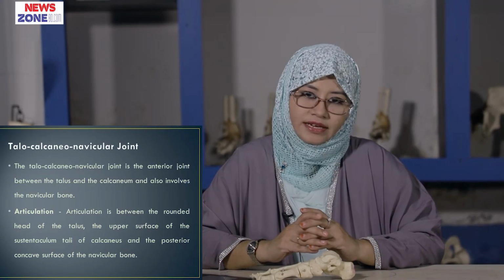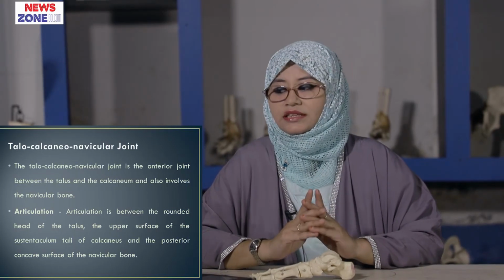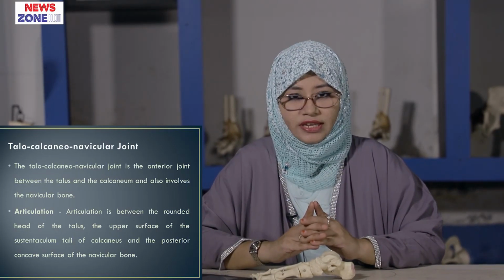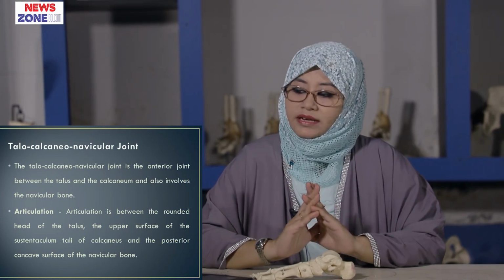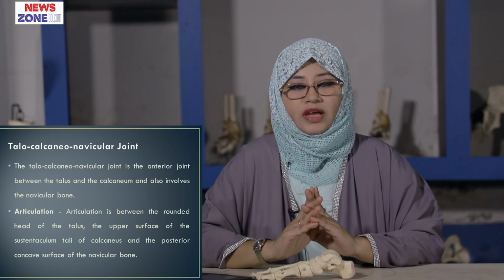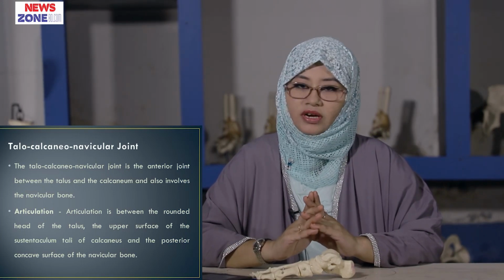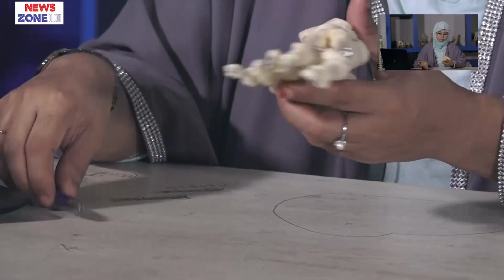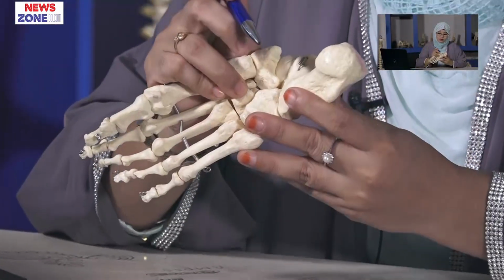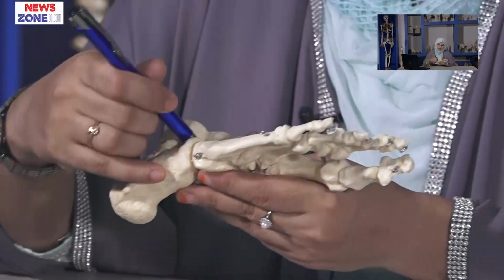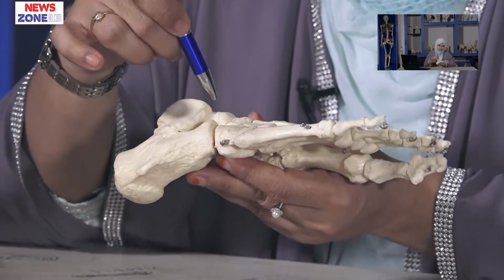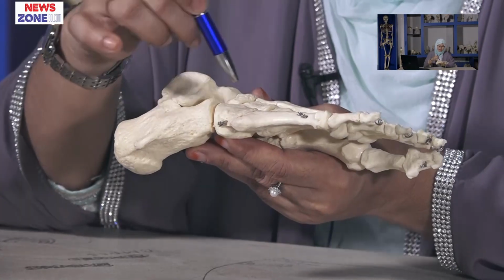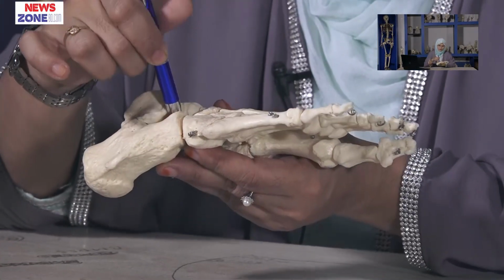Now, talocalcaneonavicular joint. The talocalcaneonavicular joint is the anterior joint between the talus and the calcaneum and also involves the navicular bone. Here the talocalcaneonavicular joint occurs, which includes the talus, calcaneum and this navicular bone.